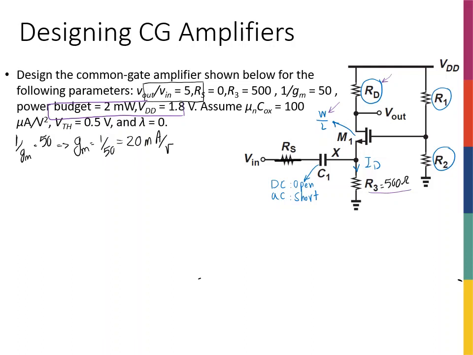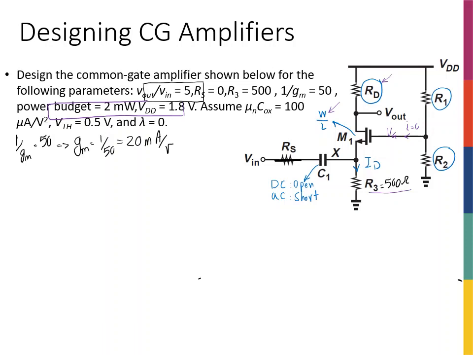Once I have the ID, I can somehow find this gate voltage, and from the gate voltage I can easily find R1 and R2, because this current is 0, so it's a simple resistive divider. R1 and R2 I'm not too concerned about right now; I'm going to find them in the end. The most important questions to be asked are: what is RD, what is W, and what is L?